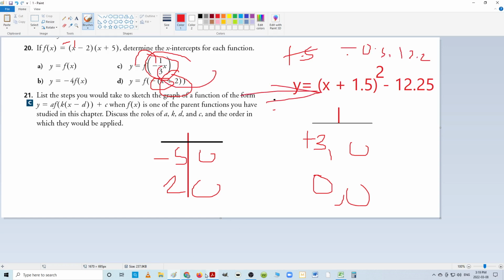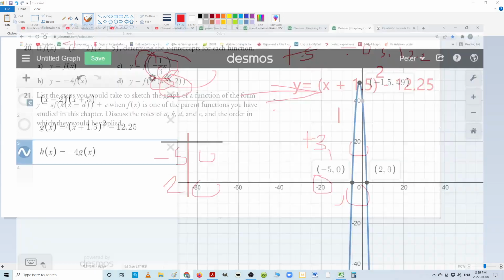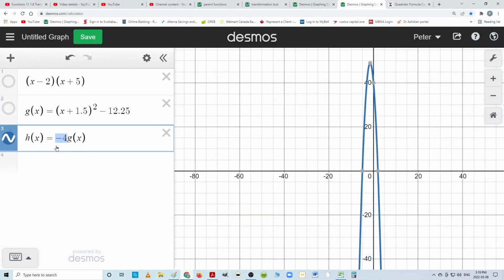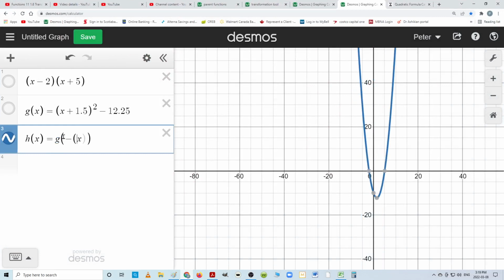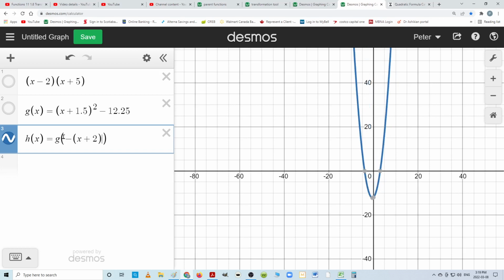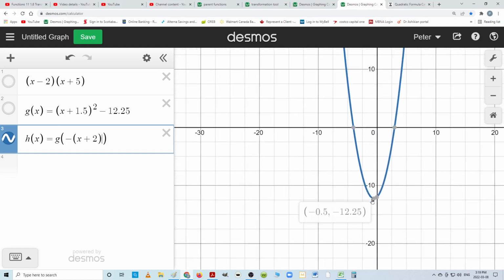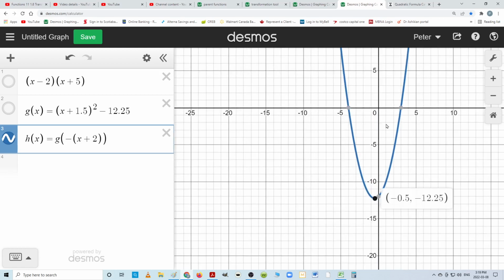Let's see if that's true. Minus x plus 2. All right, let's see. Yep, there's -0.5, and there's the asymptote.